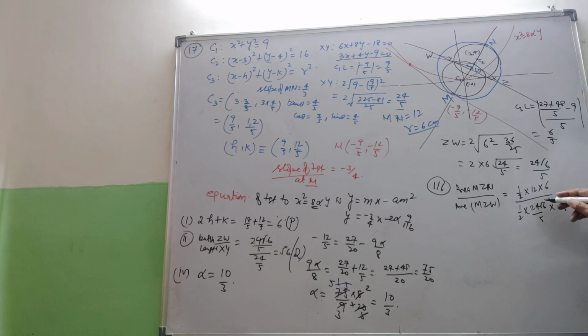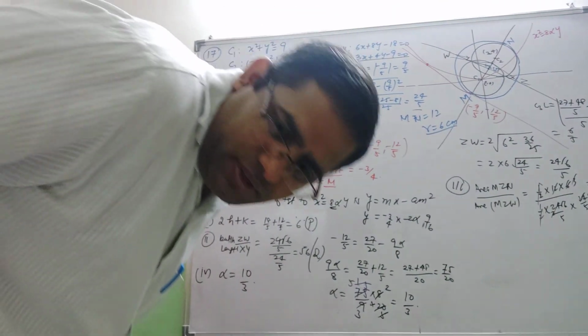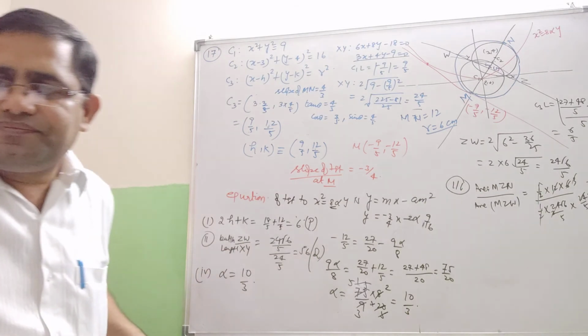If we write it, 1 by 2 cancels, 12 into 6 over 24 root 6 by 5 into 24 by 5, which gives 25 by 8 root 6.